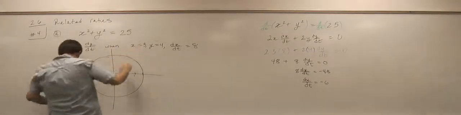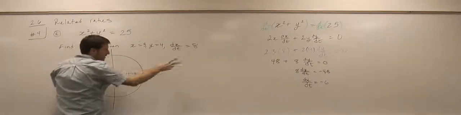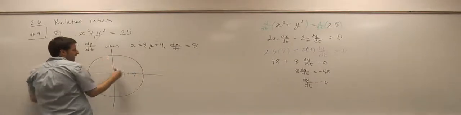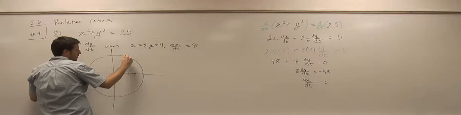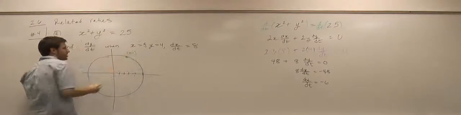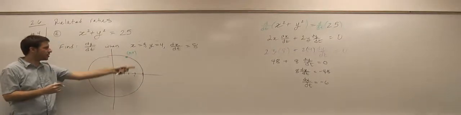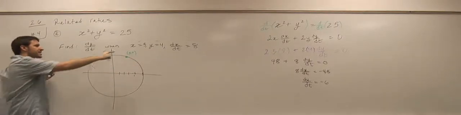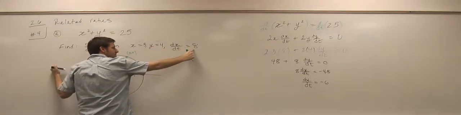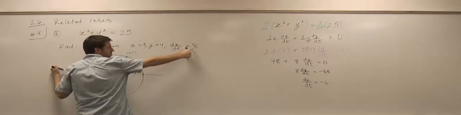When x is 3 and y is 4, basically what these calculations tell you is, if you're at the point (3, 4) on the circle, you imagine a little particle moving along this curve. If your x coordinate is changing at 8 units per second, this is a rate.